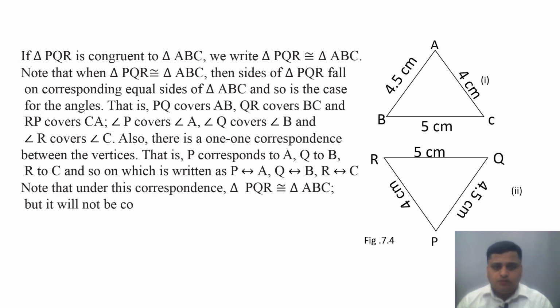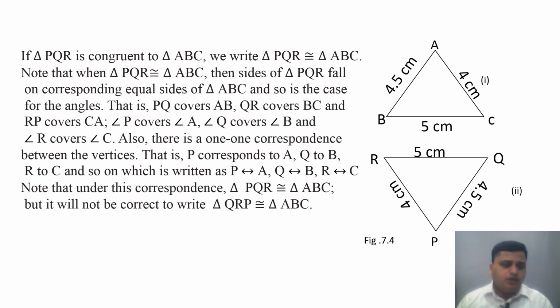Also angle P covers angle A, angle Q covers angle B and angle R covers angle C. One more thing you can observe is the correspondence between the vertices: P corresponds to A, Q corresponds to B, R corresponds to C, which is written as P ↔ A, Q ↔ B, R ↔ C. Under this correspondence, triangle PQR is congruent to triangle ABC, and we denote it that way.